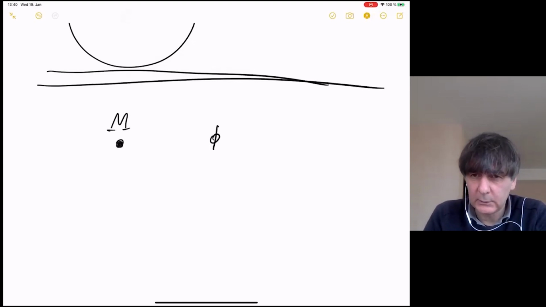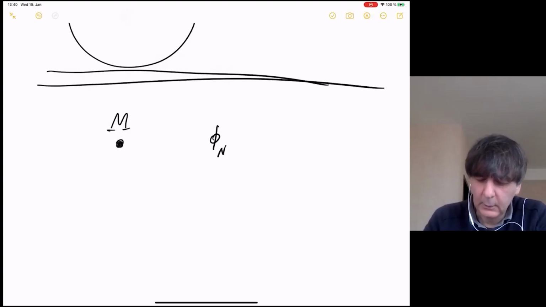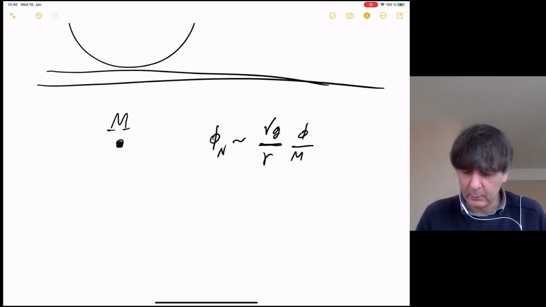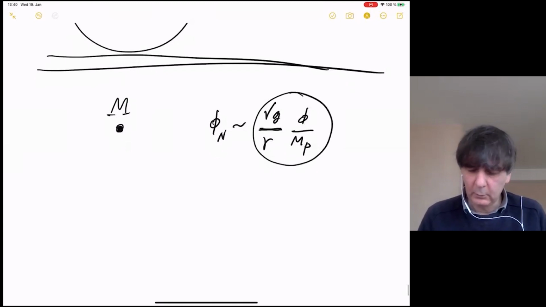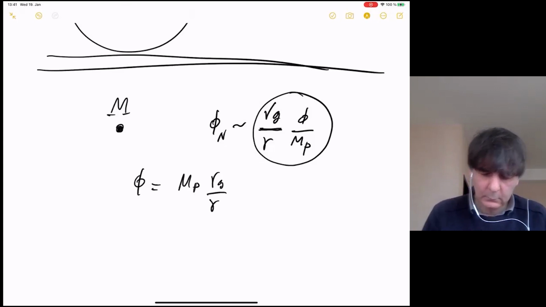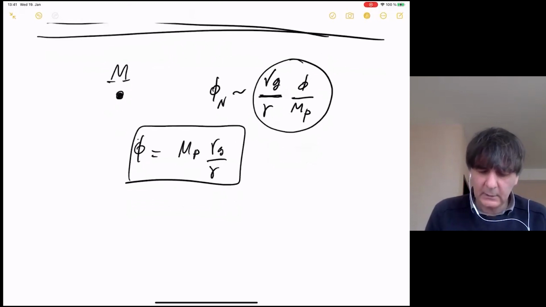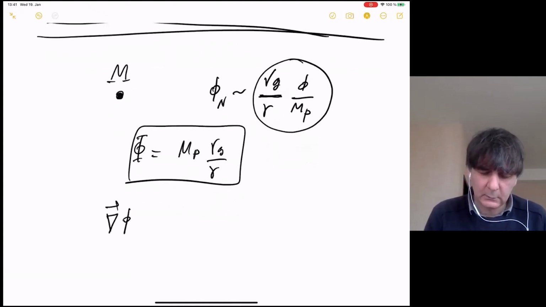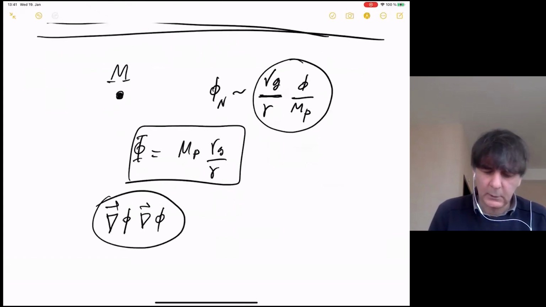It produces a Newtonian field, a component of h00, which goes as Rg over R. The canonically normalized field is divided by the Planck mass, so it goes as M_Planck times Rg over R. Now this gravitational field contributes to the gravitational self-energy, roughly something like this.